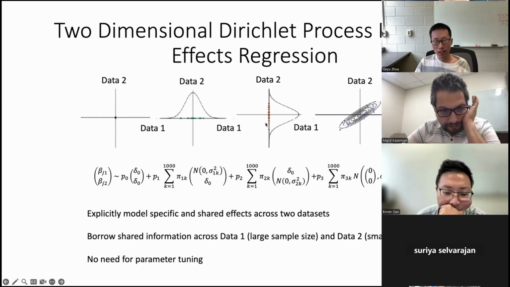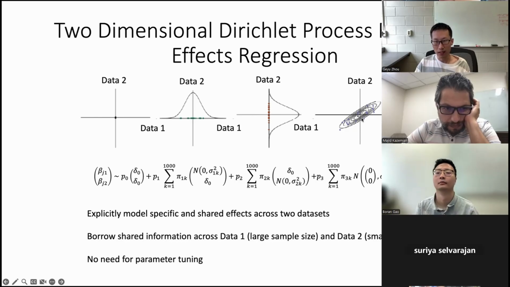For the third component, with probability P2, we assume the effects are zero in dataset 1, but non-zero in dataset 2. And the last component means the effects are correlated and non-zero in both datasets.